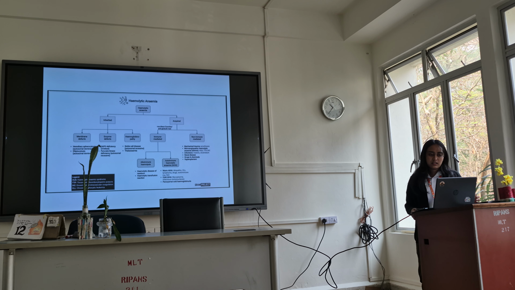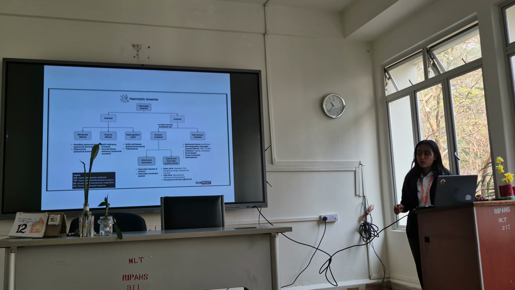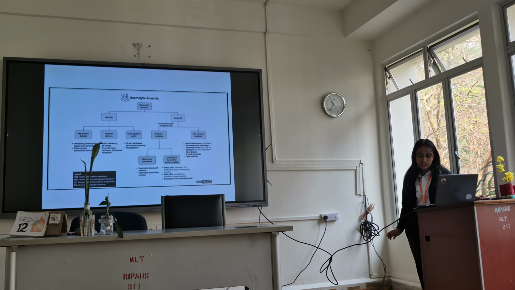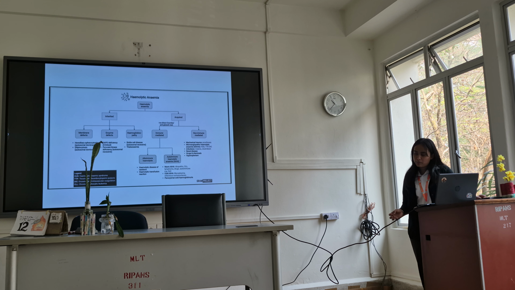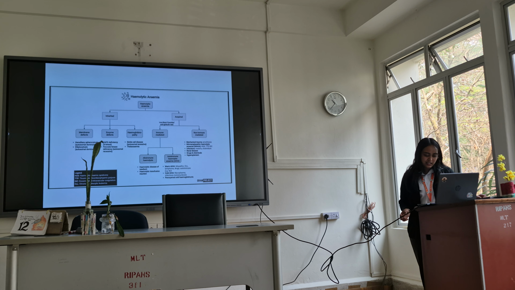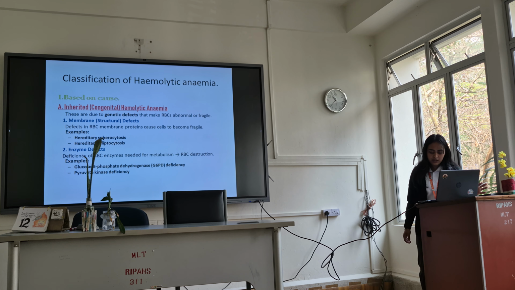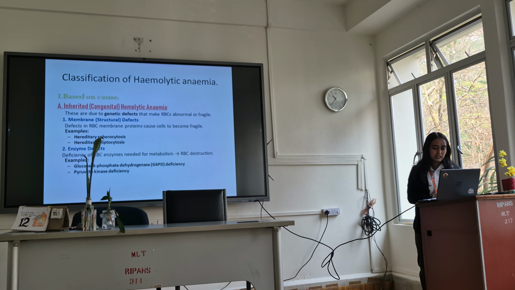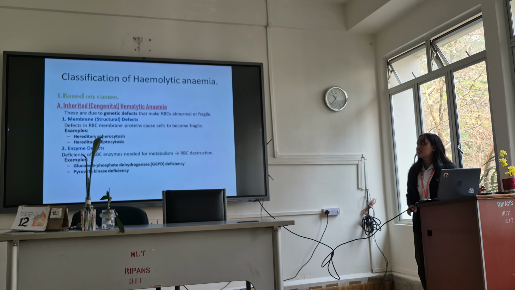If we talk about the membrane defect, in this type the problem is in the outer covering or membrane of red blood cells. The RBC membrane is made of special proteins like spectrin and ankyrin. These proteins maintain the normal biconcave shape of RBC, and because of this shape, RBCs are flexible and can easily pass through blood vessels and the spleen.